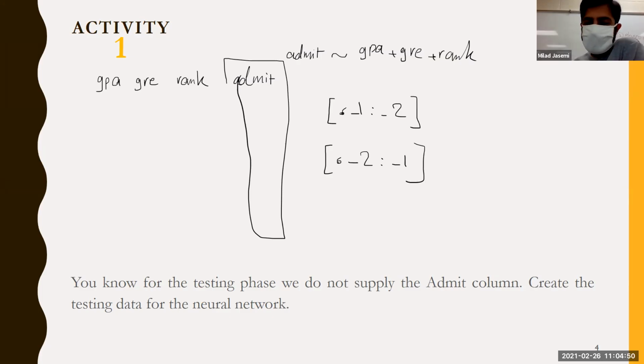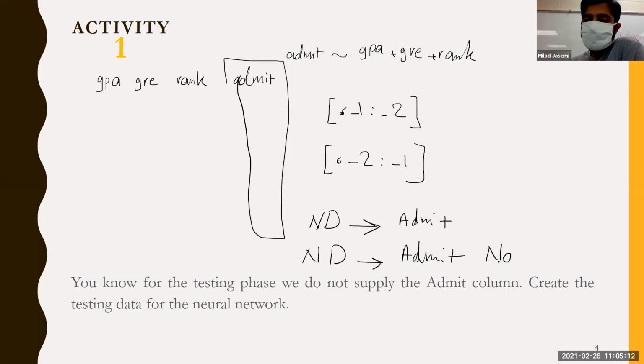Okay, my friends, now go from the normalized data you have, exclude the admit column and the number column.